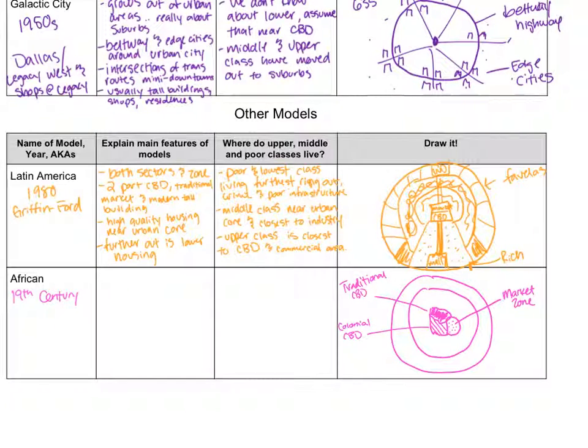And then all of this in the middle right here, these are where our neighborhoods are going to be. But what's different here is that it is going to be ethnic neighborhoods. Remember how we've talked about Rwanda and how there are different groups of people there.